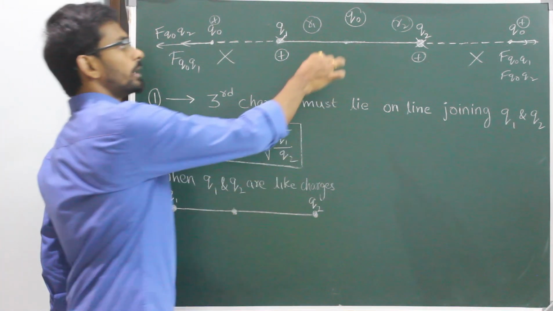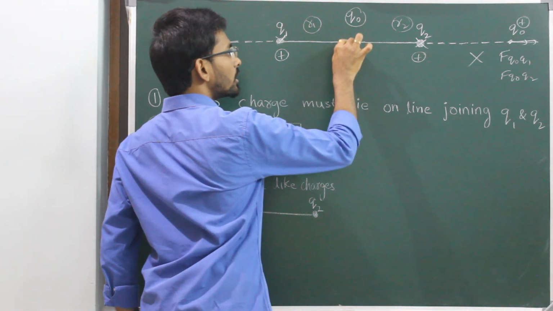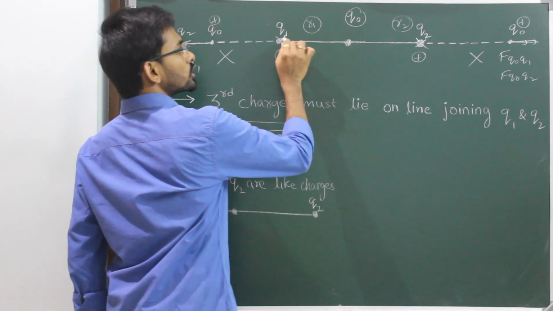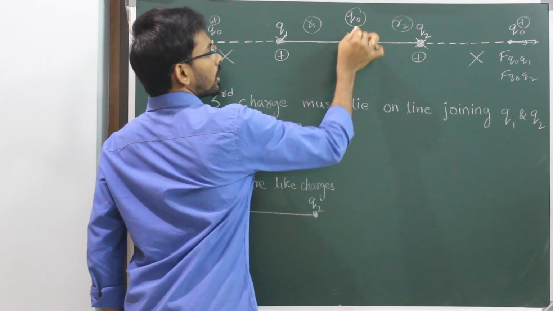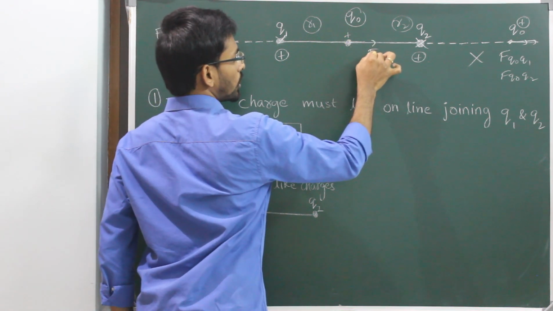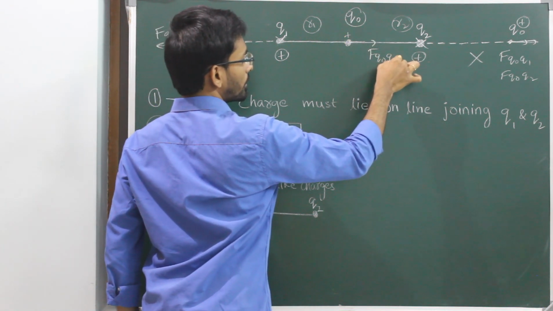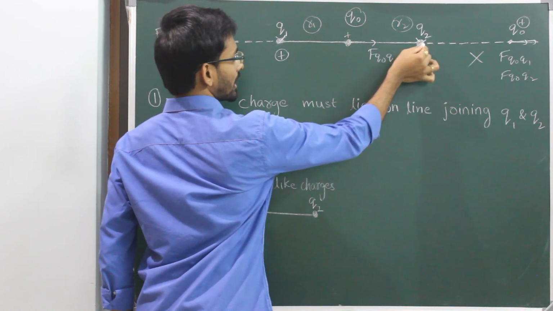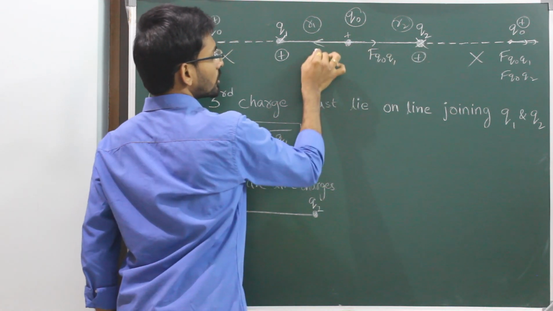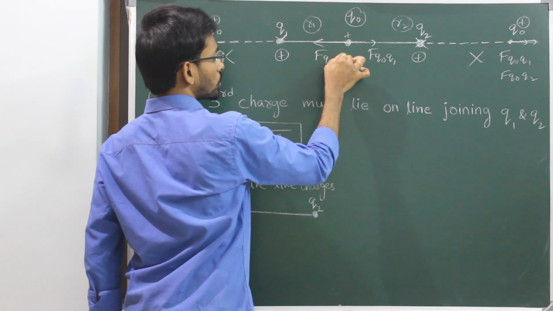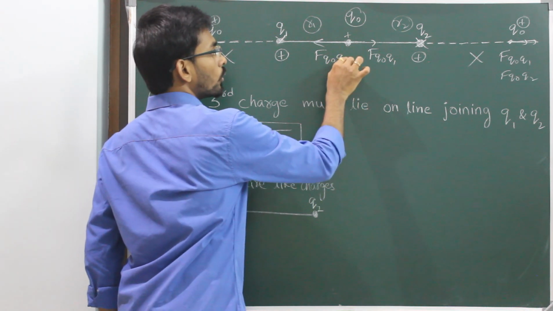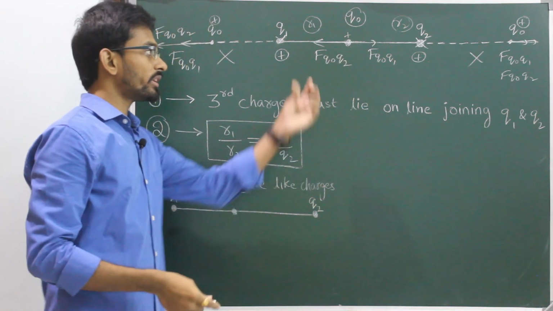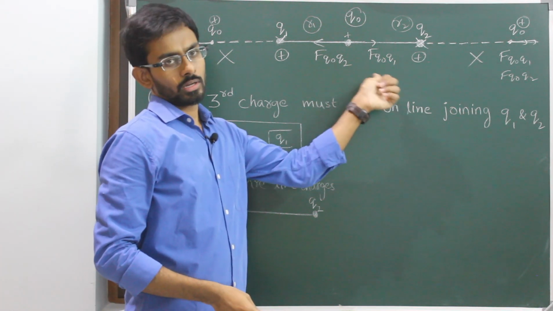Now let us check in between these two charges. These two are like charges, so there will be a repulsive force. The force on Q0 due to Q1 will be towards the right, and these two are also like charges, so it will be repulsive again. The force on Q0 due to Q2 will be towards the left. So now there is a chance of equilibrium here.